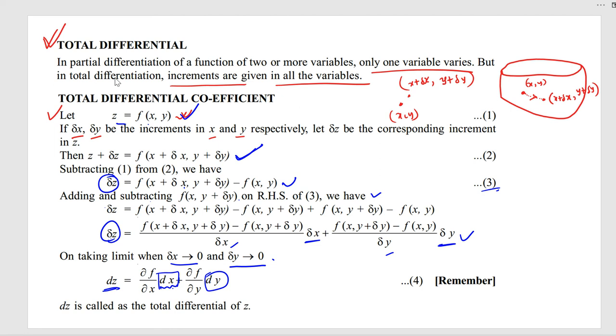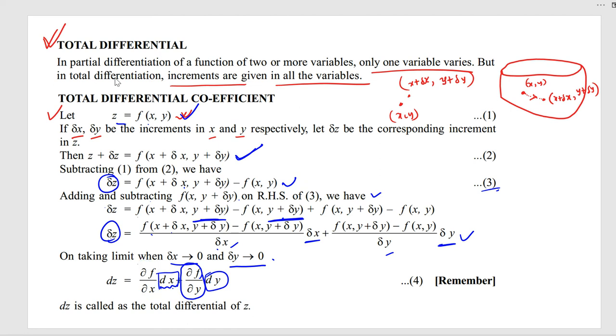But since in this case y is fixed, you can see the y is fixed, that is why it is changing only with respect to x. So that is why the derivative is the partial derivative with respect to x. Similarly, we have the partial derivative with respect to y.